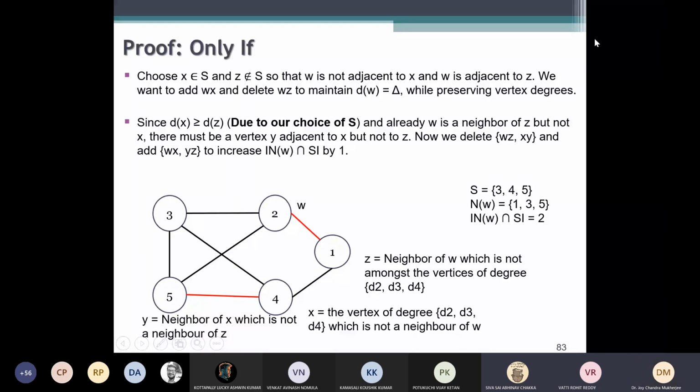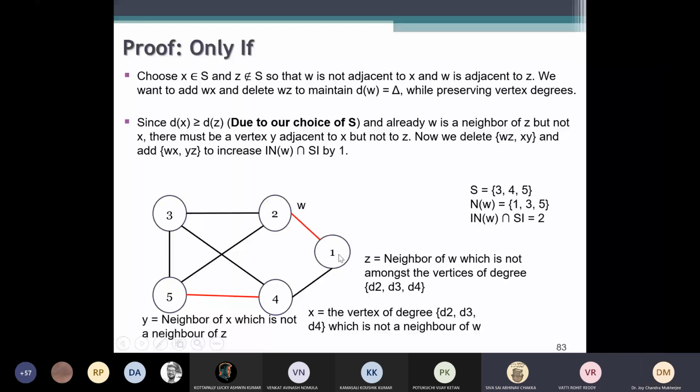Now what do we want to add? We want to add WX and we want to delete WZ to maintain the degree of W equal to 3, while preserving the vertex degrees. Okay.